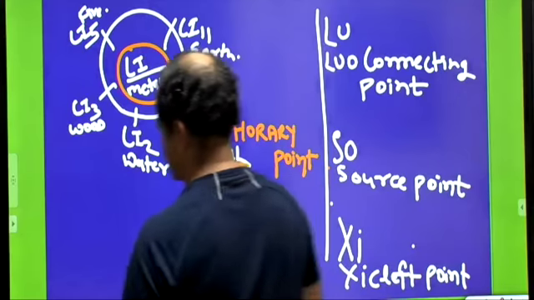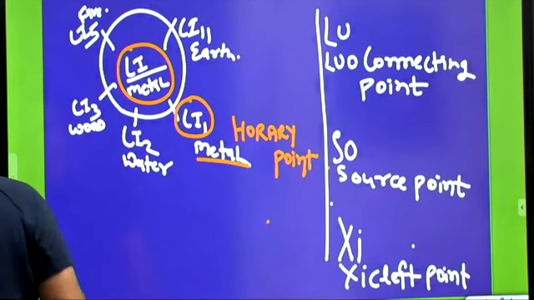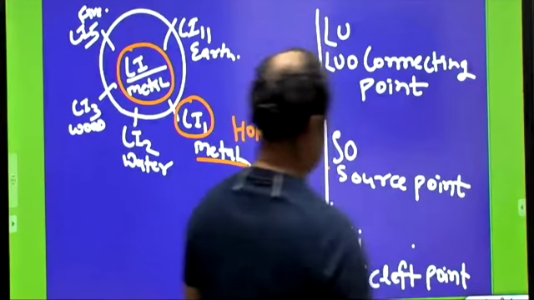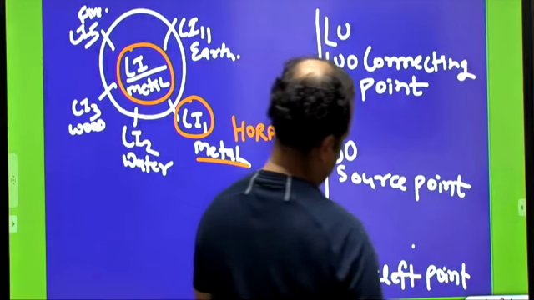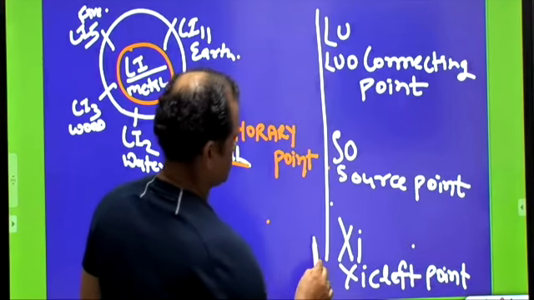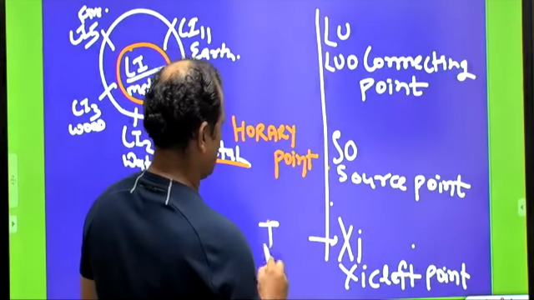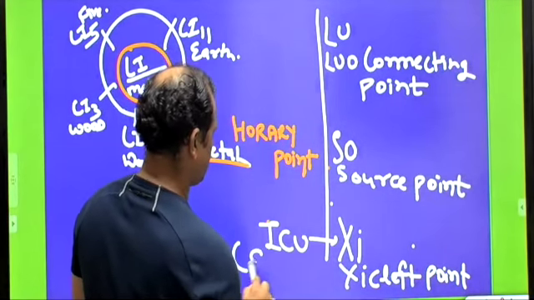Suppose there is any emergency in the large intestine meridian, we can sedate all the 3 points. And the cleft point is called ICU point or the medical emergency point.